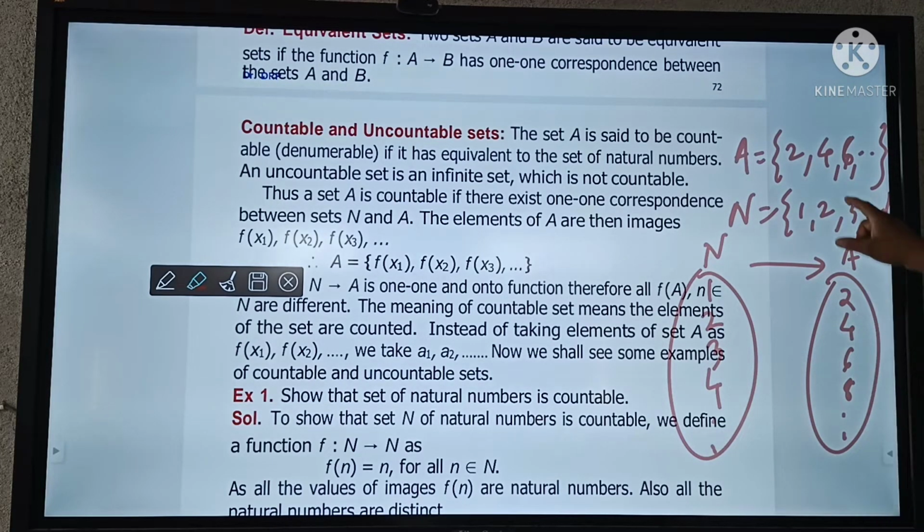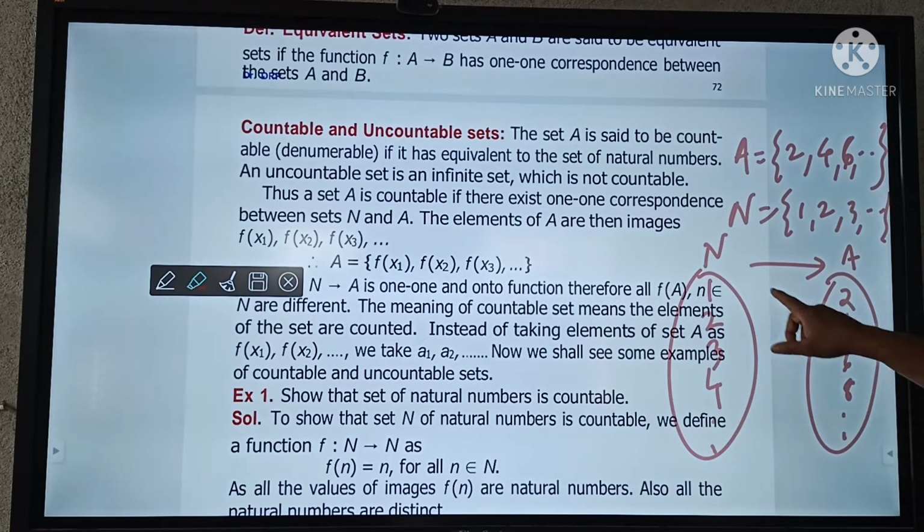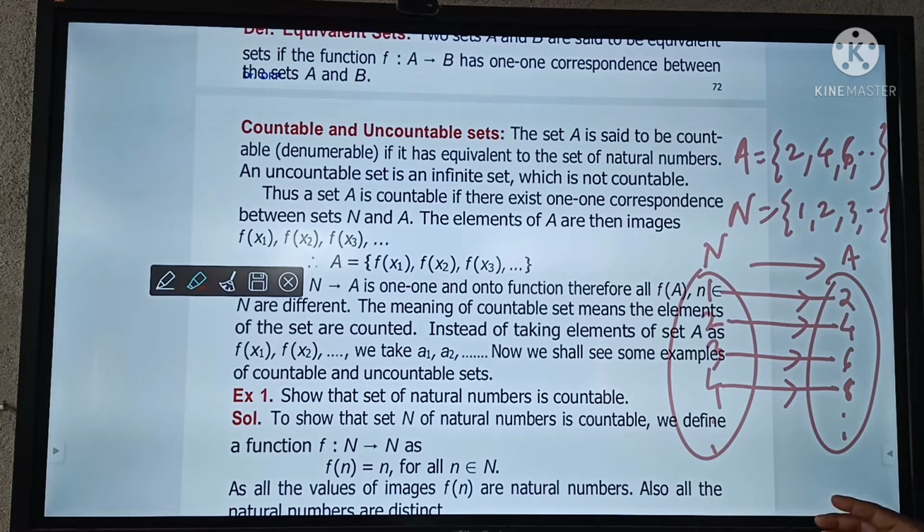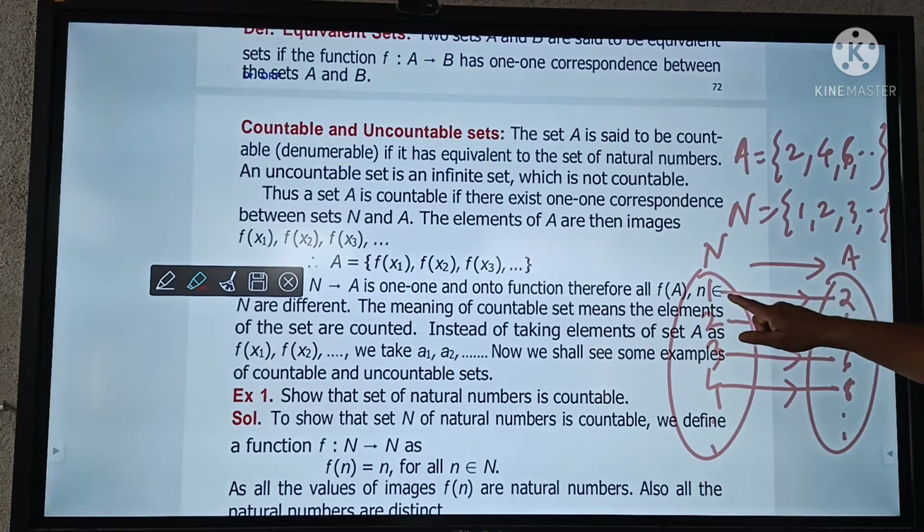Now when we say the set A is countable, there must be a one-to-one correspondence between the set of natural numbers and A. We can take the correspondence in this way: 1 is related with 2, 2 with 4, 3 with 6, 4 with 8, by some law. So 2 is the first element of the set A, 4 is second, 6 is third, 8 is the fourth element.